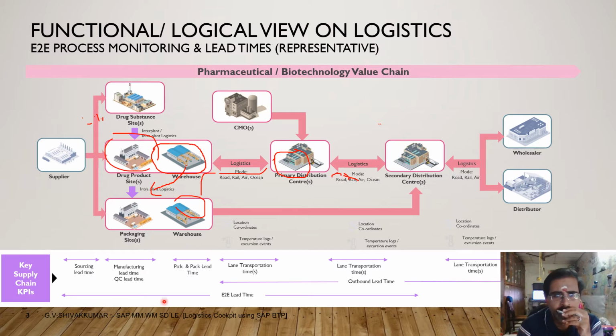So combining source lead time, manufacturing, quality control lead time, picking, packing, loading, the warehouse lead times and lane transportation planning lead times, all of this can be outbound lead time, everything jointly called the end-to-end lead time, right?